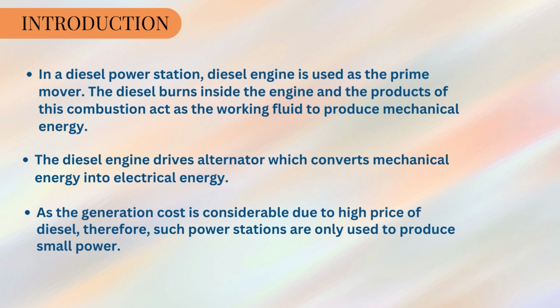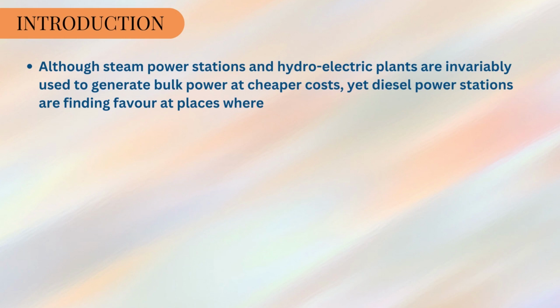The generation cost for this kind of power plant is considerable due to the high price of diesel, therefore such power plants are only used to produce a small amount of power. When we compare these with steam power plants or hydroelectric power plants, when we have to generate bulk power at cheaper cost, we prefer steam or hydroelectric power plants.